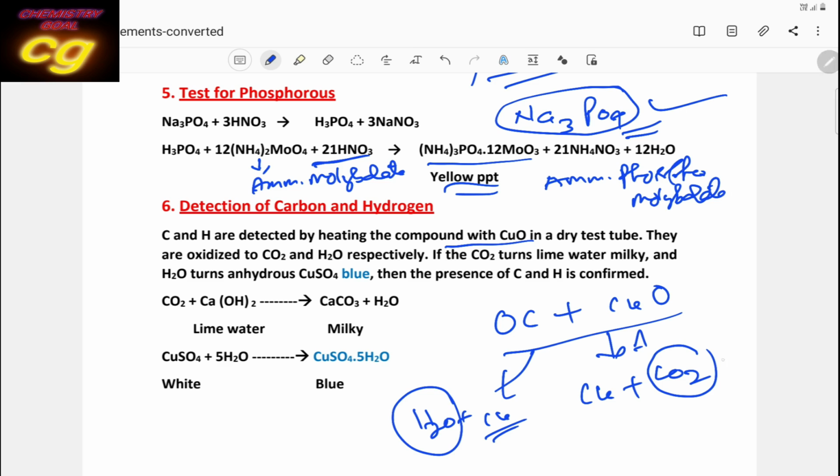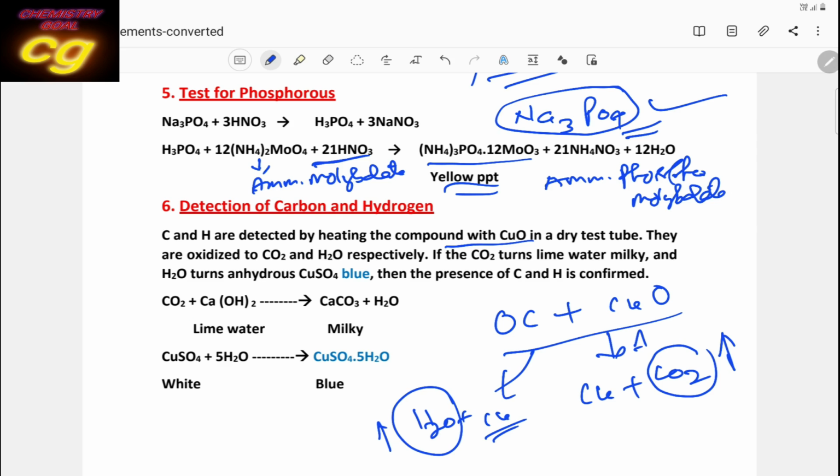Both will be formed. Carbon dioxide is produced as a gas, and water is also produced in the form of vapors. So carbon dioxide and water are produced when you heat the organic compound in presence of copper oxide.